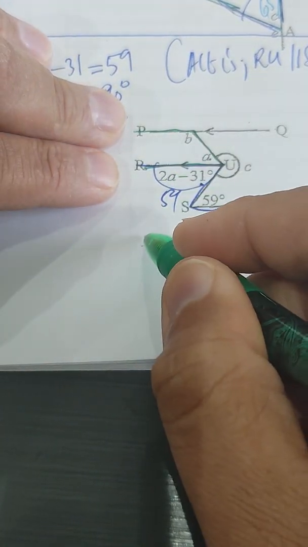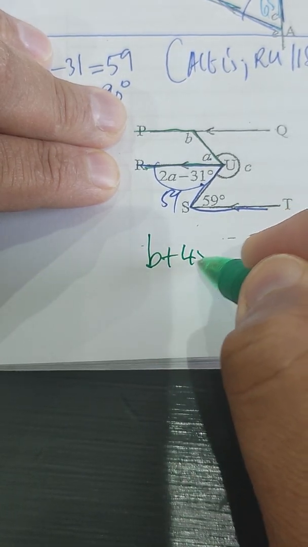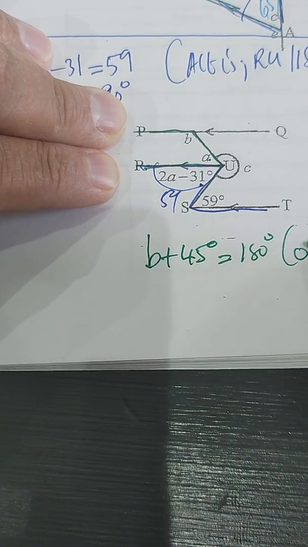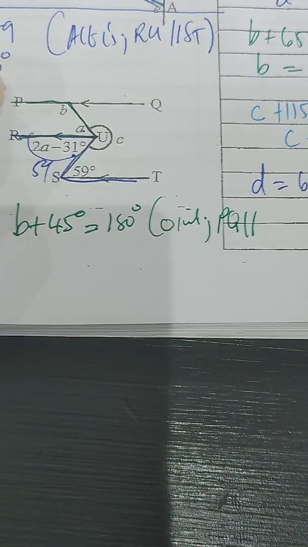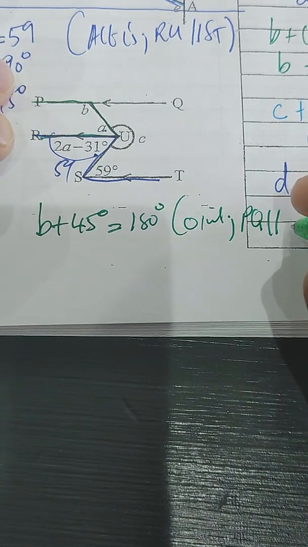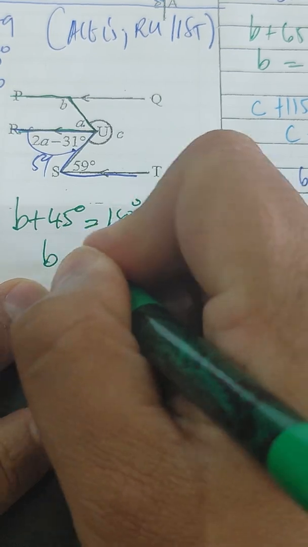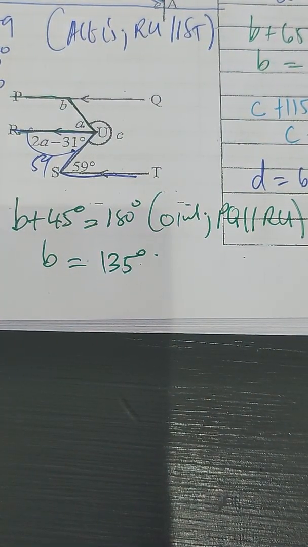So we're going to say that P plus 45 degrees is equal to 180. Co-interior with PQ being parallel to RU. Then P of course is going to be 135 degrees.